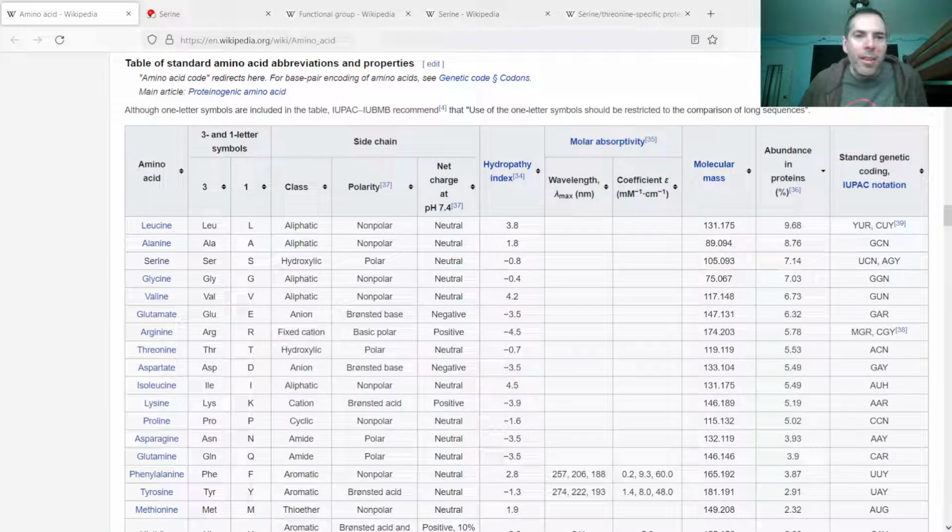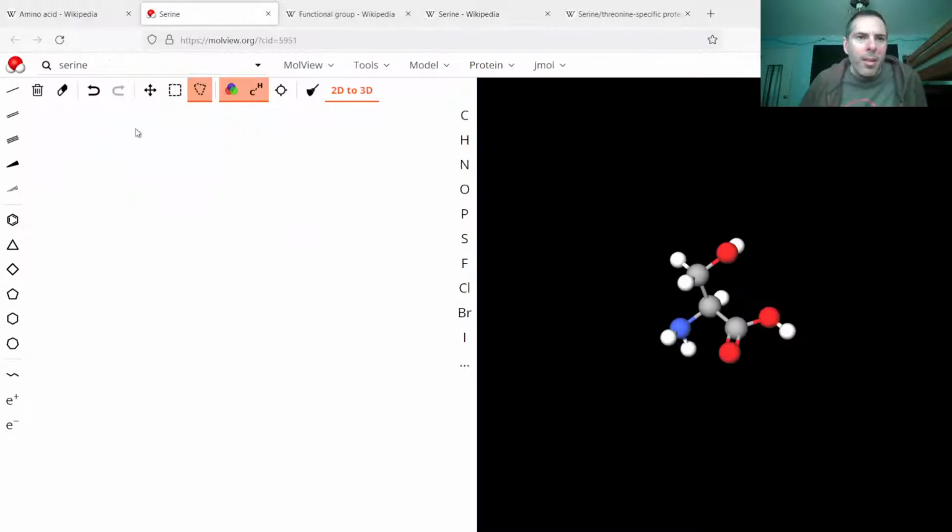All right, the third amino acid in the list is serine, making up about 7% of the amino acids in proteins. Let's draw it here.